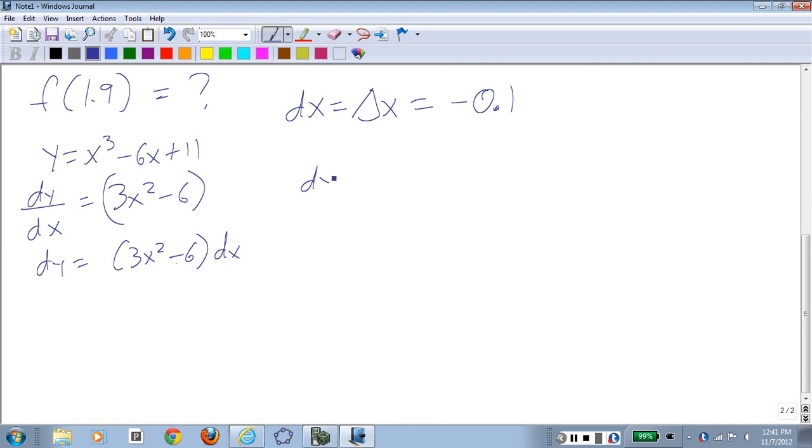Dy is going to be 3 times negative 0.1 squared minus 6 times dx, which is negative 0.1. So if we're on the graph and the slope of the tangent line is 6 and we go 0.1 units to the left, we would expect to go 0.6 units down.